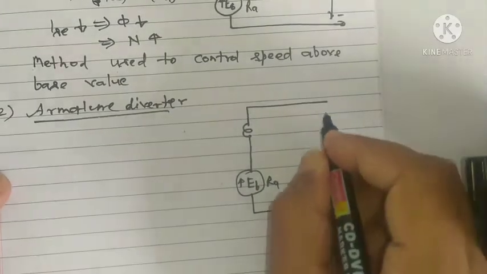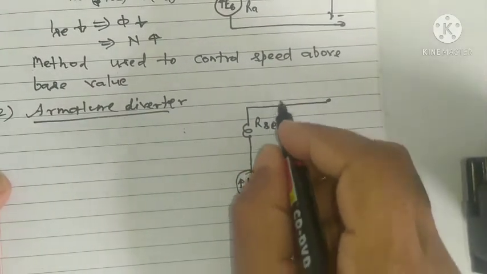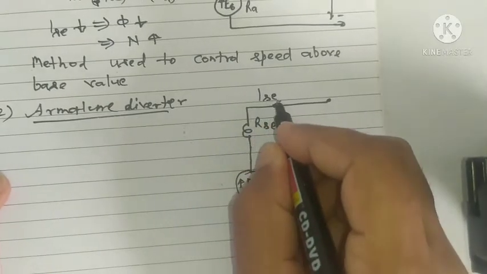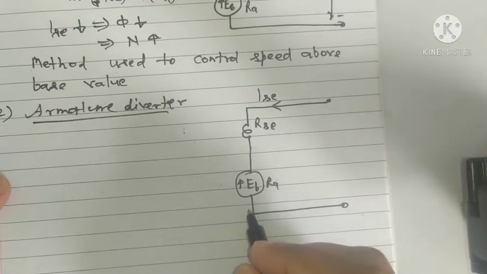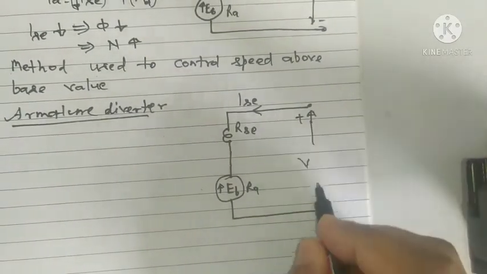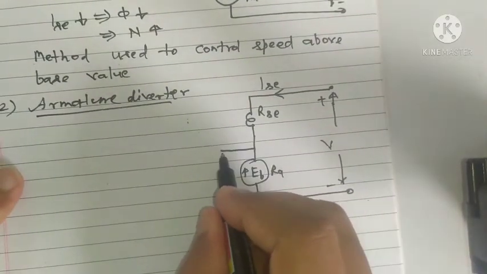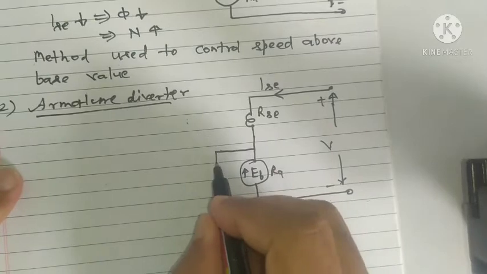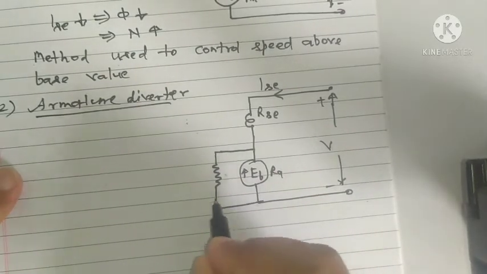This is field winding with resistance RSC, and current here is ISC, and this current was supposed to flow through armature, but due to diversion this current is disturbed now. So we are using a diverter here.